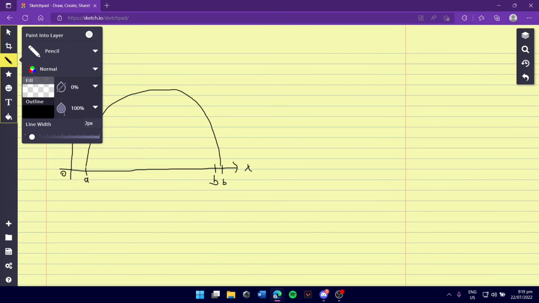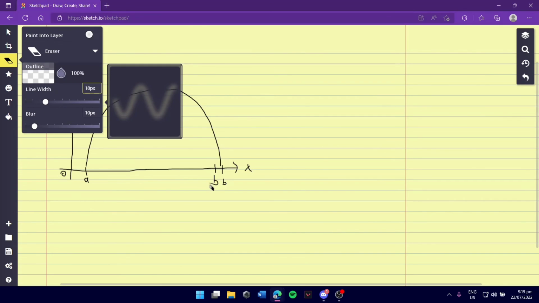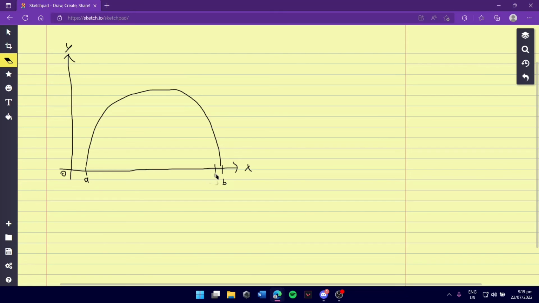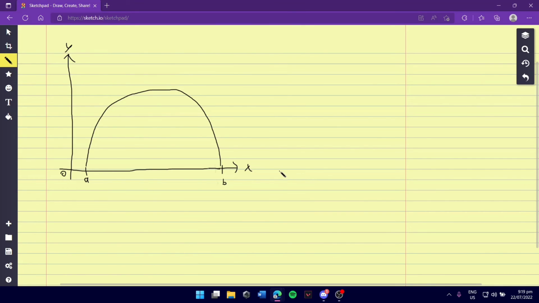So this is your point A and point B. Next, we will get your vertical strip. So the vertical strip here, my point here, this is your x, and this is your y.